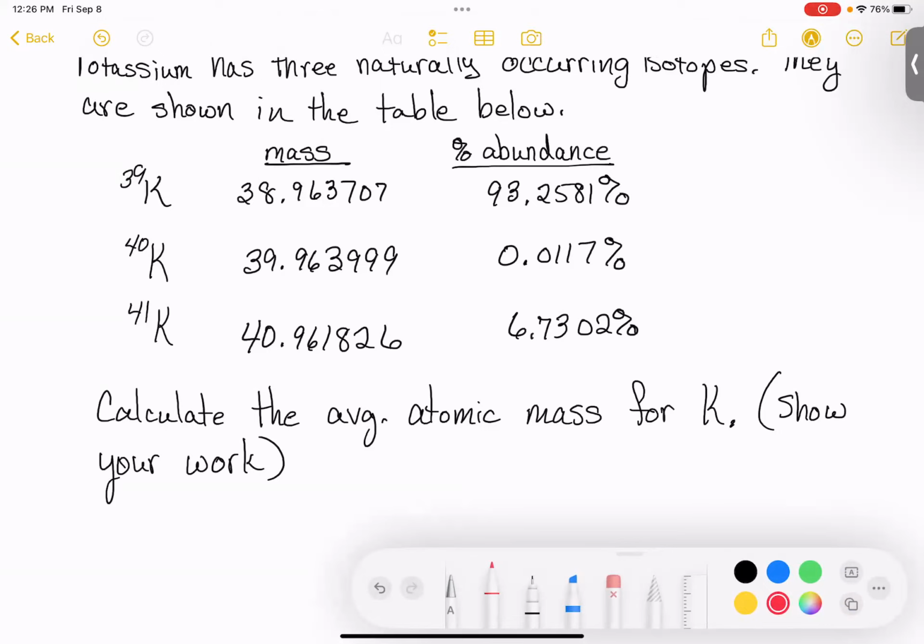Okay. And I'll let you catch up because that's a lot of numbers to write.